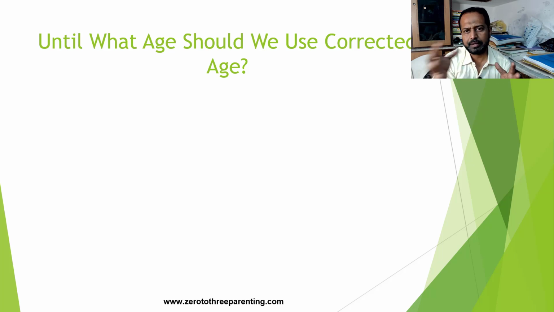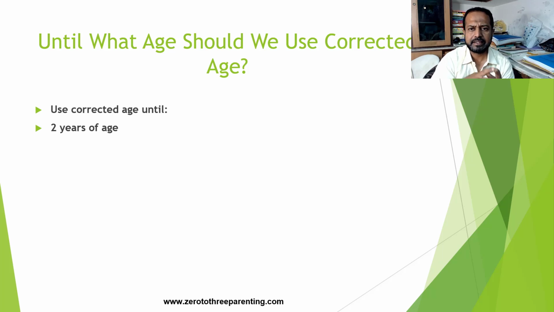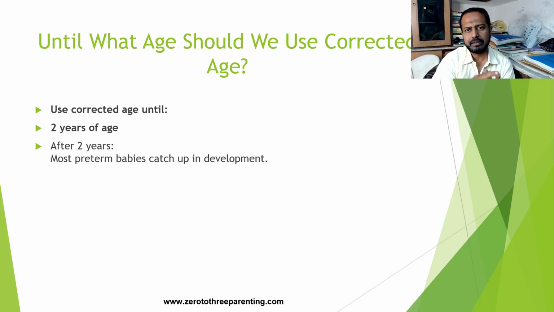Another question that arises for parents is up to what age we calculate the corrected age. Corrected age is calculated up to 2 years of actual age. After that, we will not calculate corrected age. We will not subtract any age after 2 years, because by the end of 2 years most preterm babies will catch up in their development.